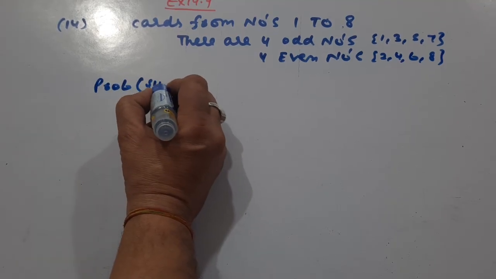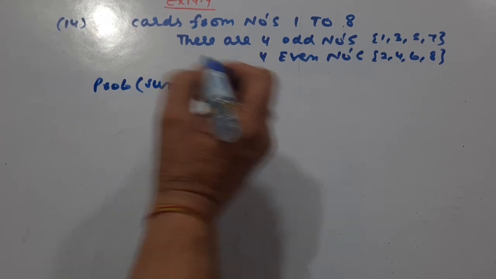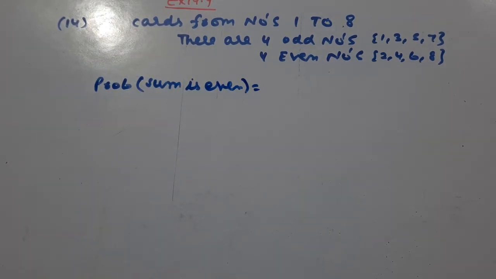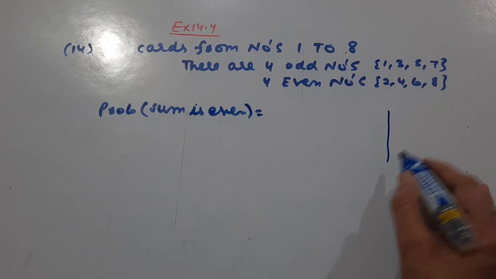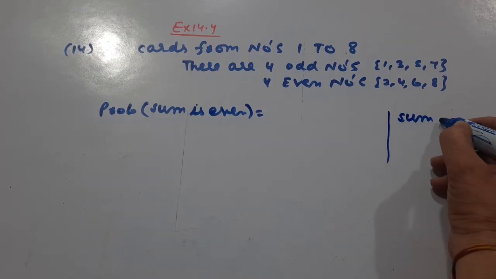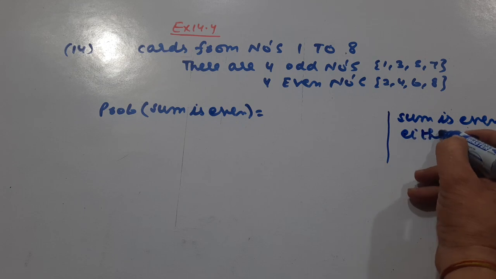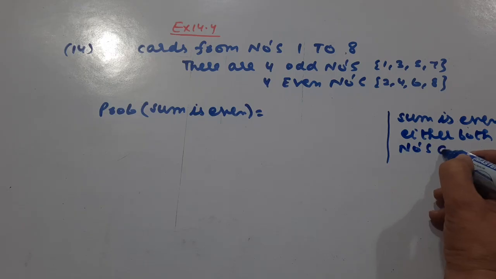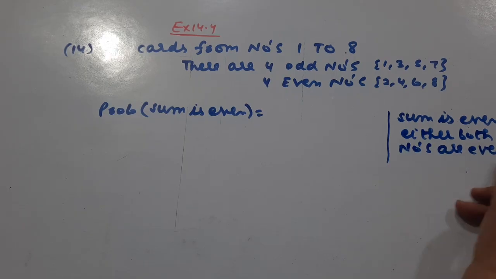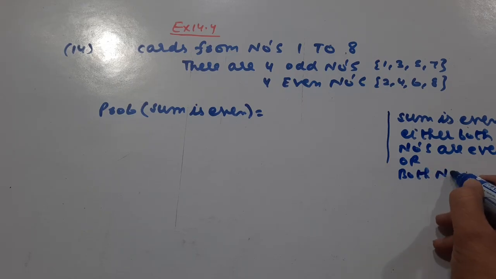Now probability that the sum is even. Now students, we know that the sum of two numbers is even either when both numbers are even, or both numbers are odd.